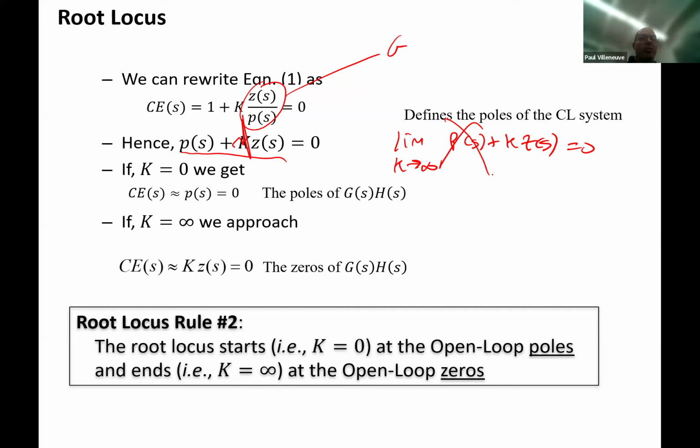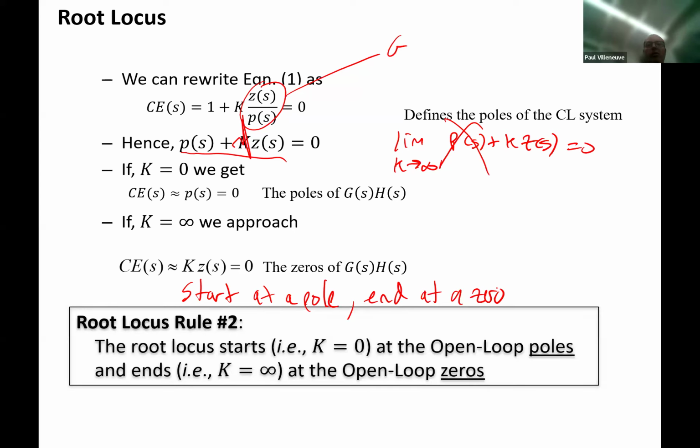So to help you with a root locus, memorize this. You start at a pole and you end at a 0. Start at a pole, end at a 0.